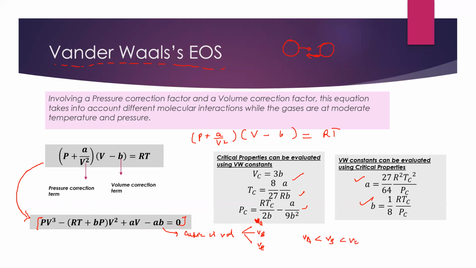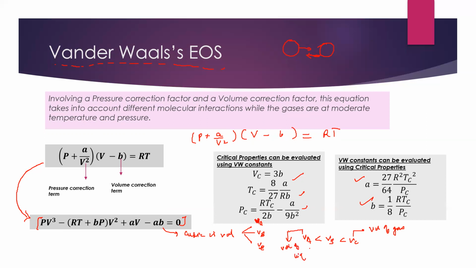Now, the greatest root, that is VC, is going to be the volume of gas. The smallest root is going to be the volume of liquid.